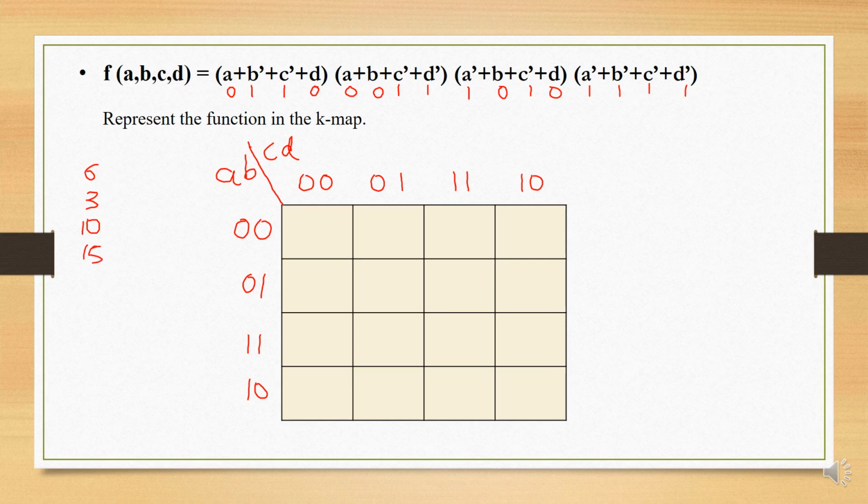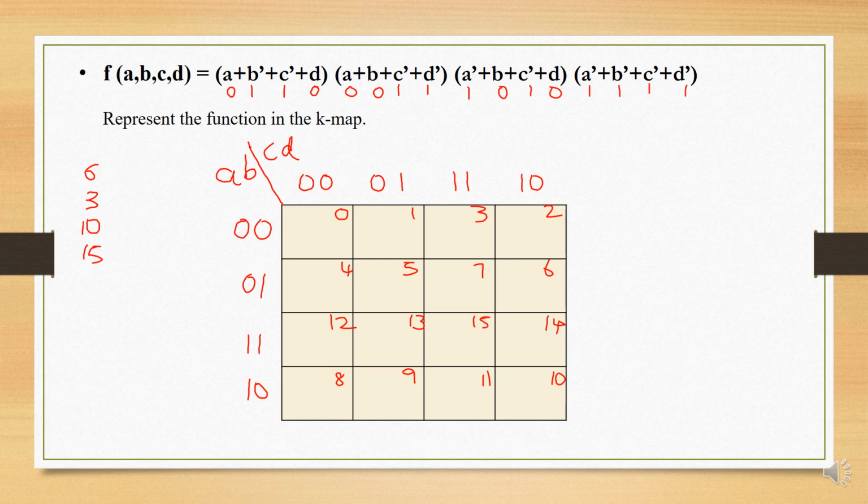For these cell numbers you need to place logic zeros because these are max terms. In the remaining cells you will place logic 1. So let's now write the cell numbers here: 0, 1, 2, 3, 4, 5, 6, 7, 8, 9, 10, 11, and cell number 12, 13, 14, 15.